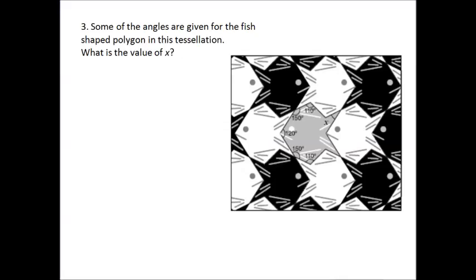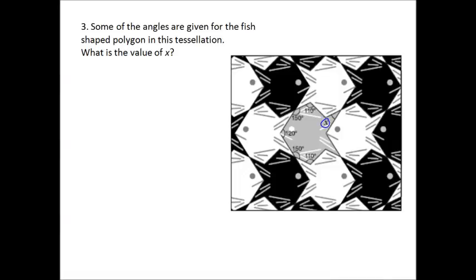For the last example of this lesson, we have a tessellation of fish-shaped polygons in here, and some of the angle measures of the fish are given, and we are supposed to find x.